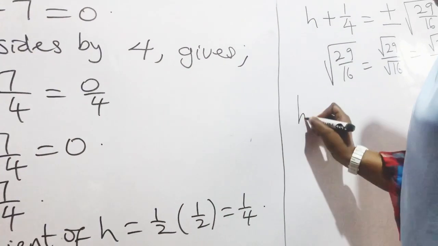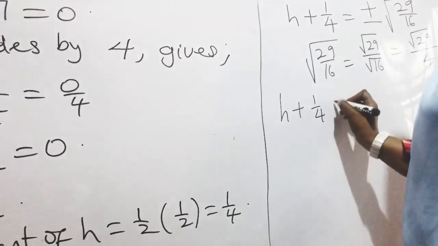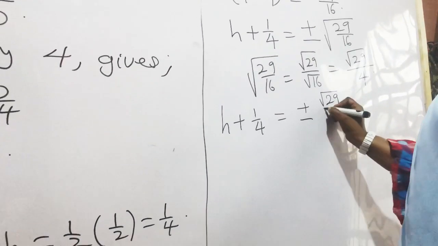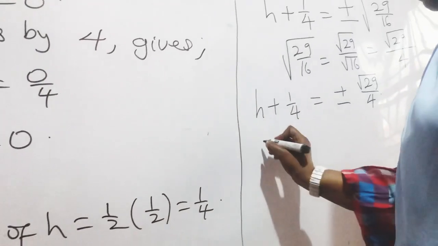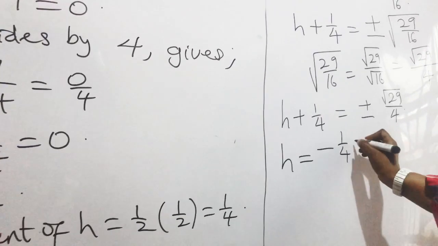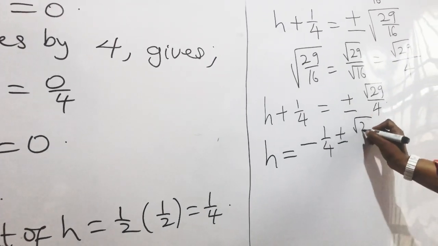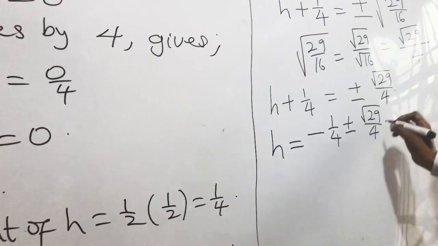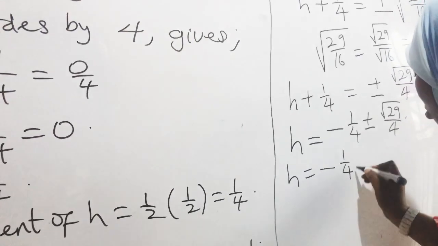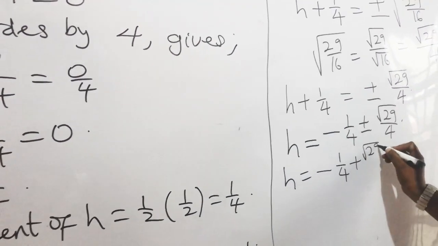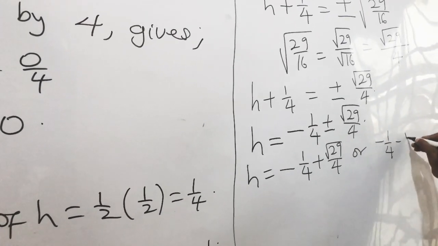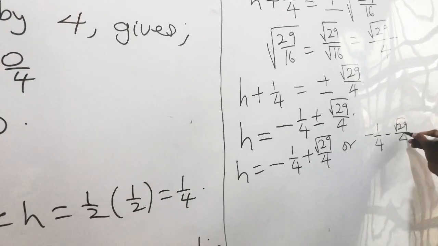So h plus 1 over 4 is equal to plus or minus root 29 over 4. We want to make h the subject of the formula, so we have minus 1 over 4 plus or minus root 29 over 4. So the roots of this quadratic equation are minus 1 over 4 plus root 29 over 4, or minus 1 over 4 minus root 29 over 4.